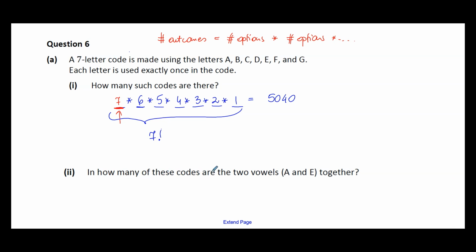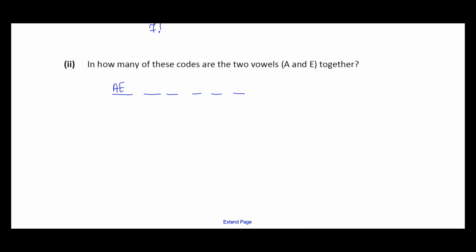What about part 2? How many of these codes have the 2 vowels A and E together? Here the situation is slightly different. I have the vowels together and then the rest of the code. Looking at the number of options, if those 2 are together, that's my 1 option.